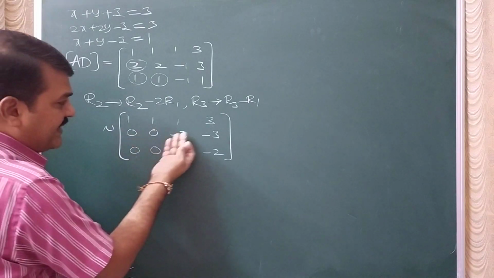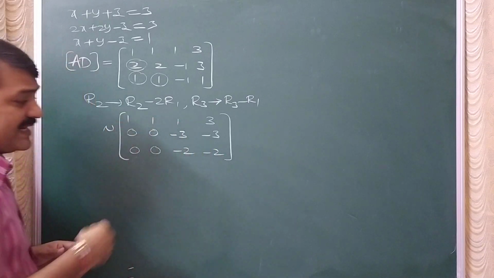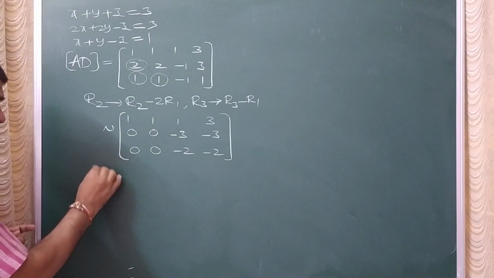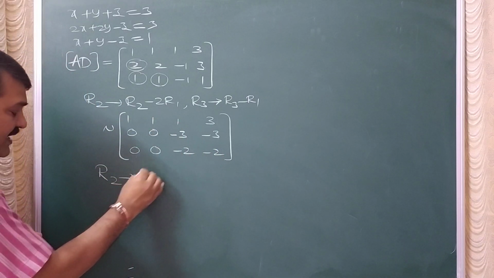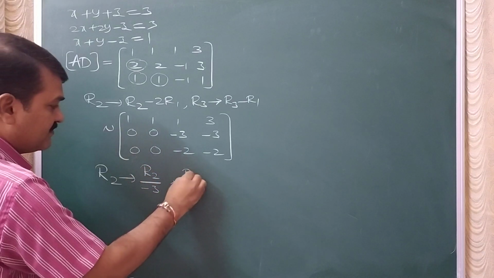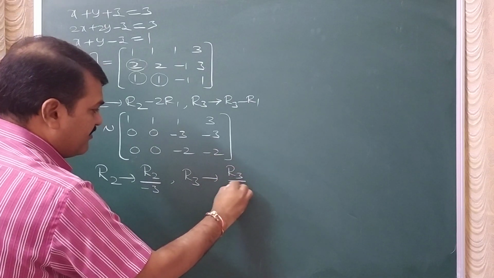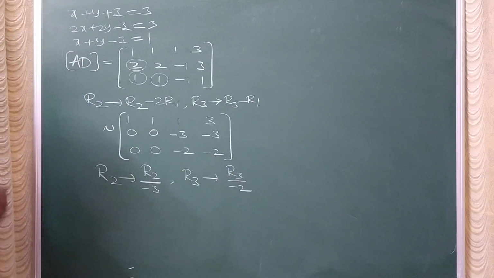In the second row clearly minus 3 is common. In the third row also clearly minus 2 is common. To show you that clearly, I will divide the second row by minus 3 and the third row by minus 2, because we can multiply or divide any row by a non-zero constant.